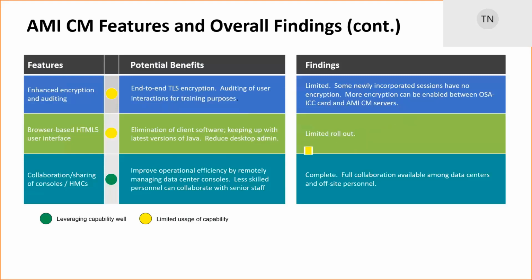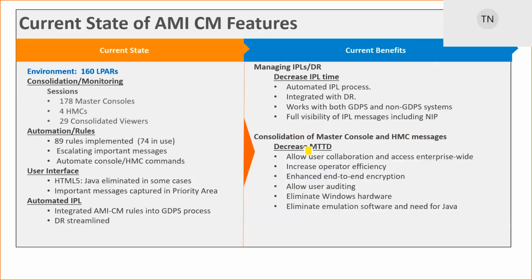Like with DB2 earlier, there are a lot of metrics concerning the console management implementation. Let's go through these. Big environment: 178 master consoles are run through console management, 4 HMCs, 29 consolidated viewers.